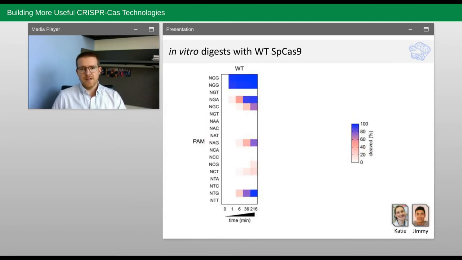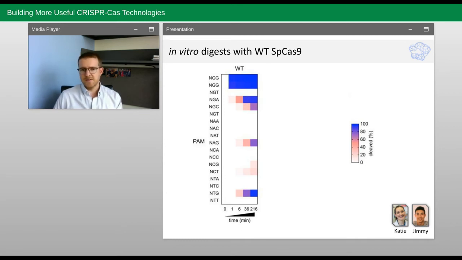As we look across additional target sites, again in vitro, now using guide RNAs targeted to the entire spectrum of possible sites in a plasmid, you can see again that wild-type Cas9 can very quickly cleave DNA with sites with NGG PAMs, but is largely ineffective at editing these other sites, with the exception of some other PAMs like NGA or NAG, or a shifted NGG, which we know wild-type can target.